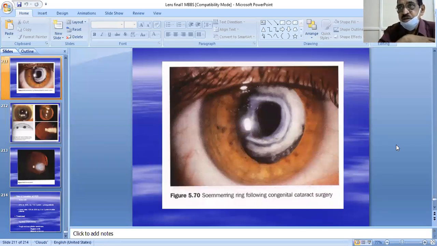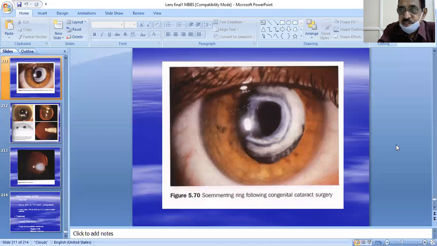In the case of phakic IOLs, where there is a very high refractive error, like high myopia of -20 or -18, we put in an implantable collamer lens, which corrects the high refractive error of the individual.